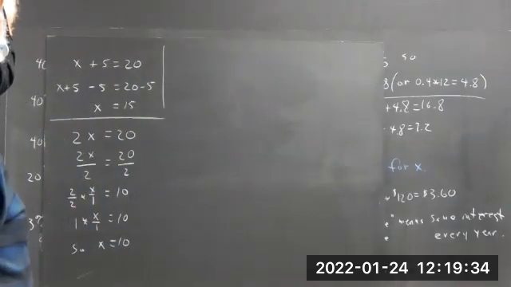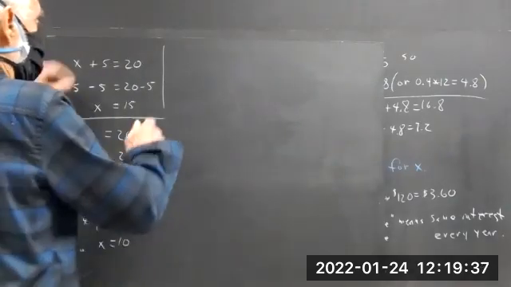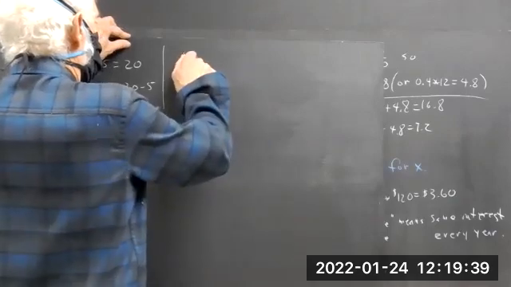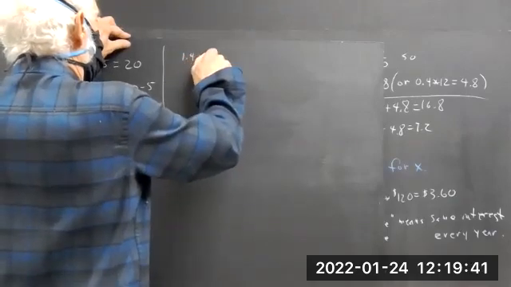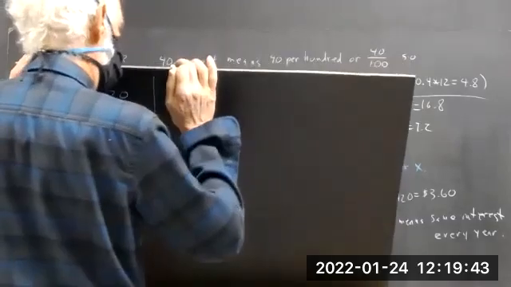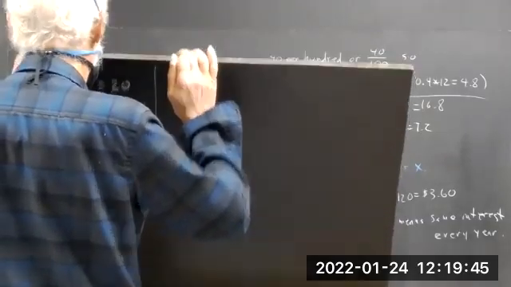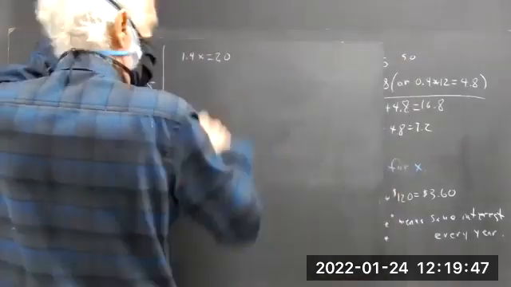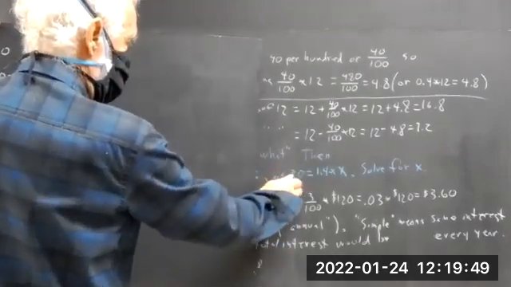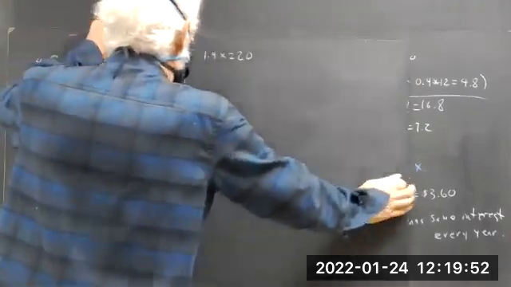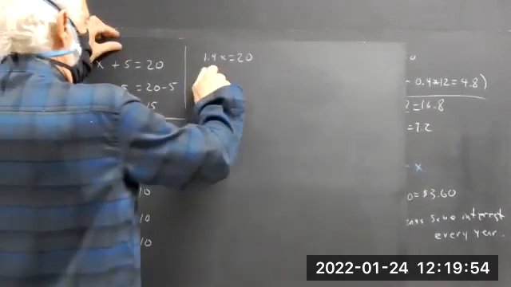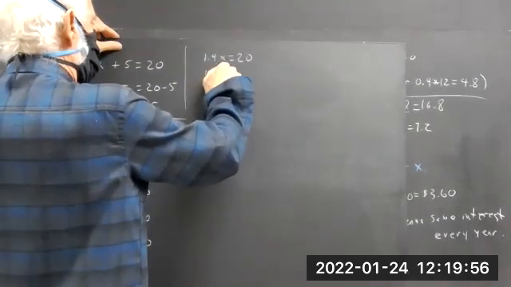Real quickly, this thing here: you divide both sides by 1.4.